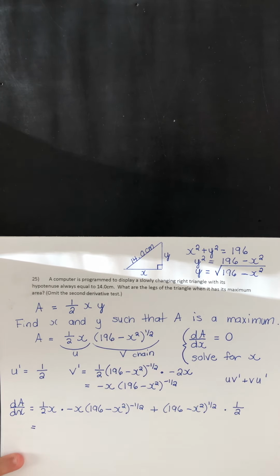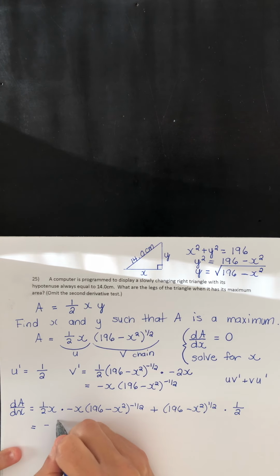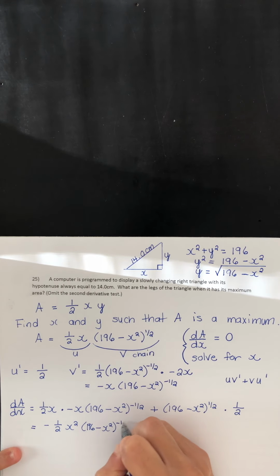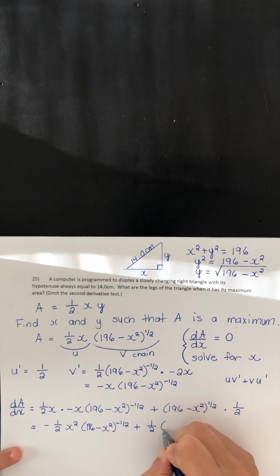Now let's simplify this a little. So this becomes -1/2 x squared in front of this 196 minus x squared guy. And here, let's put the half in the front.